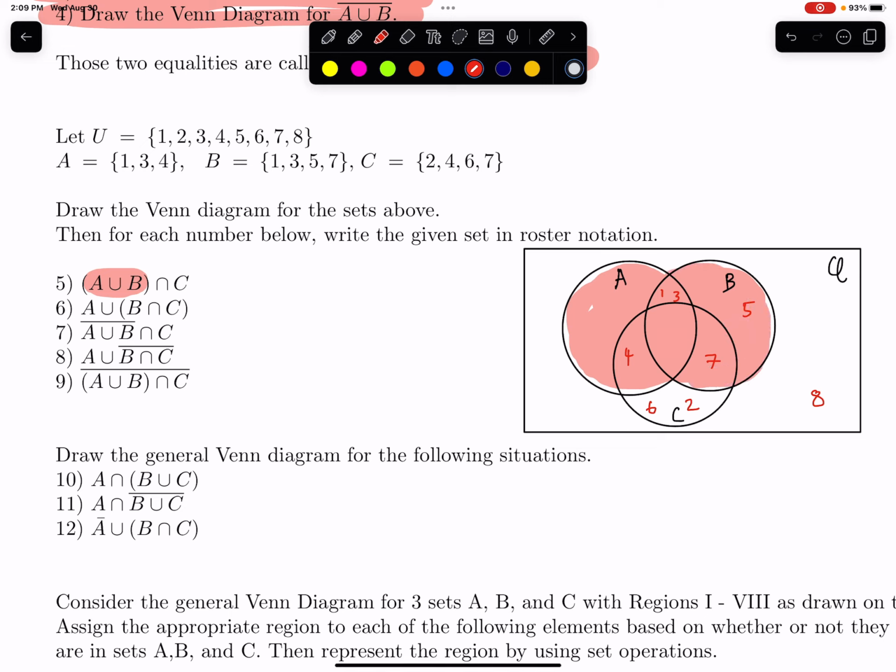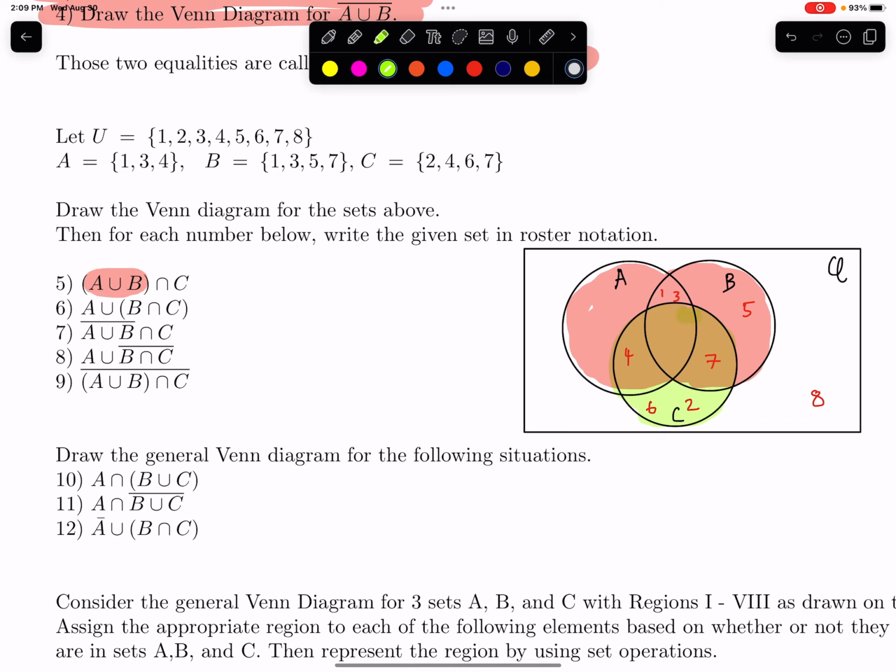And then I want to take that intersected with C. Let's use a different color. Let's use lime green. So I'm going to shade C this time. That color combination is not nice. Anyways, I shaded A union B first. I shaded C next. The intersection is the part that has both colors of shading.